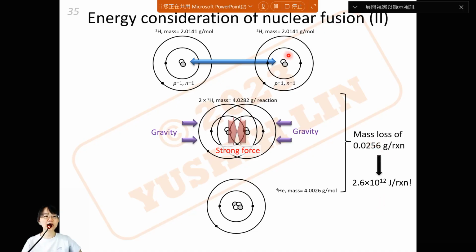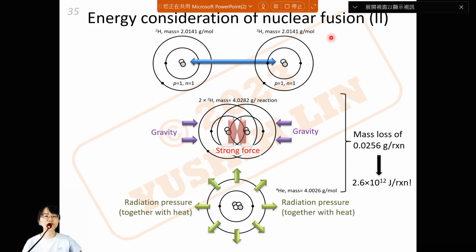And indeed, if 2 H2 is fused to form one helium-4, the mass loss is 0.025 gram per mole of reaction. Sorry, I shouldn't say per reaction. And this is equivalent to this amount of energy. So that's actually very massive.